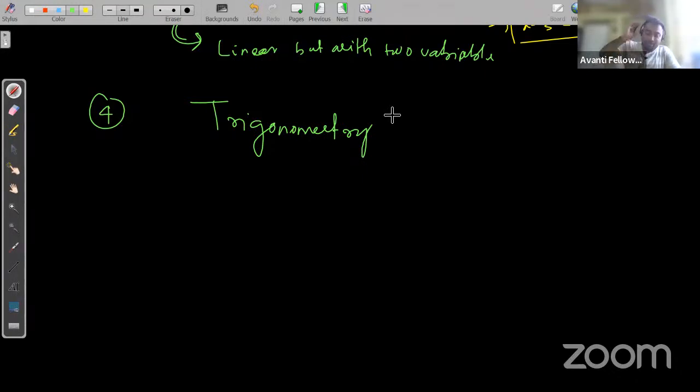Many students have fear about this topic, because there are so many formulae and so many things to remember. You also need to solve a lot of questions to solve the questions of trigonometry.